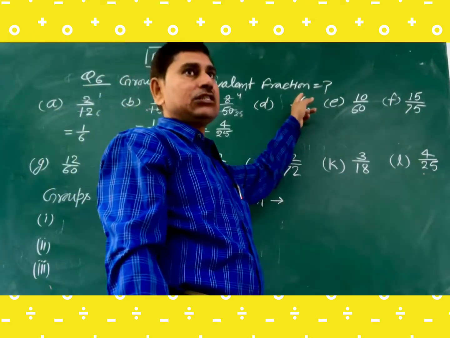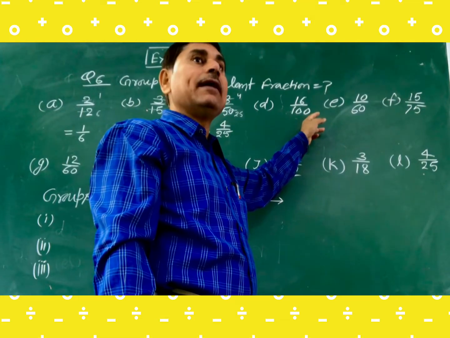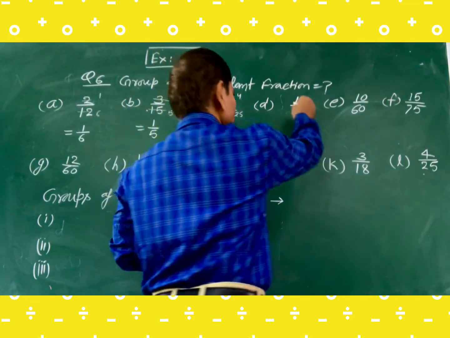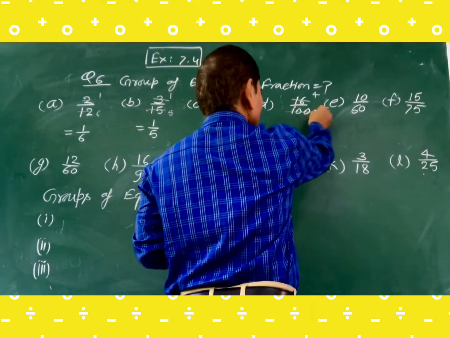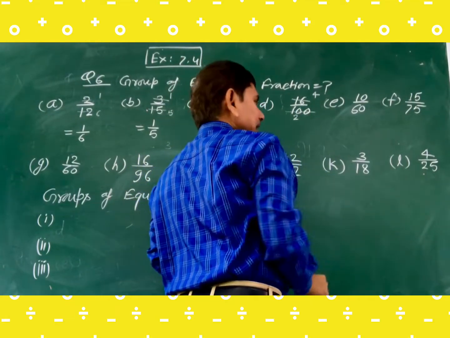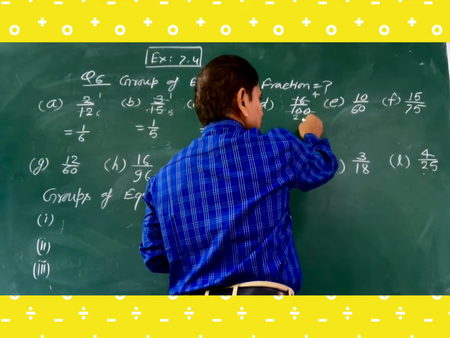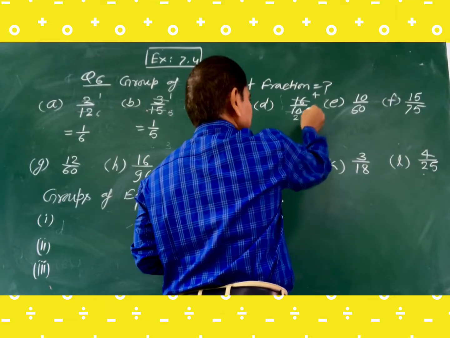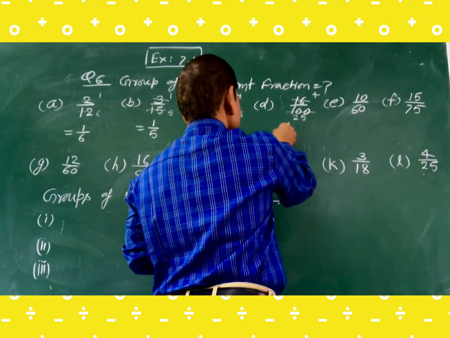And this is 16 by 100, and this is cancelled by only the table number 4. 4 fours are 16, 4 twos are 8 and here is remaining 20 — dear, 4 fives are 20, so it is 4 by 25.